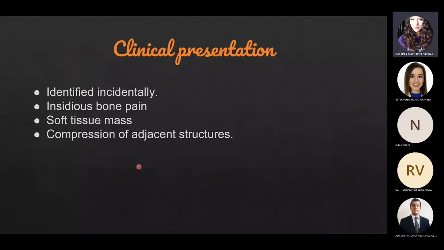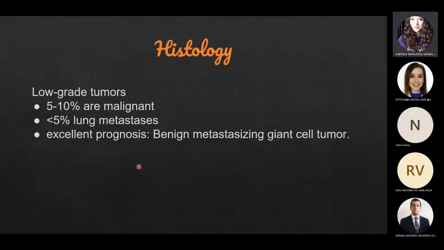The clinical presentation: it is identified incidentally, with insidious bone pain, soft tissue mass, as in our case, or compression of the adjacent structures. They are low-grade tumors. Only 5 to 10% are malignant. Less than 5% have lung metastases.